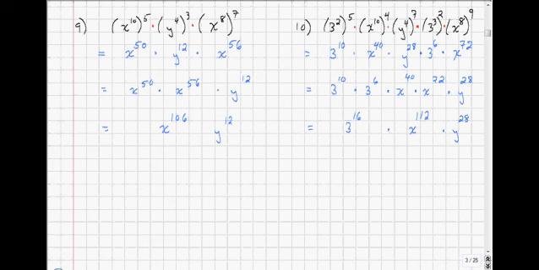And if we multiply that out, we get a huge number, 43,046,721 times x to the 112, y to the 28.